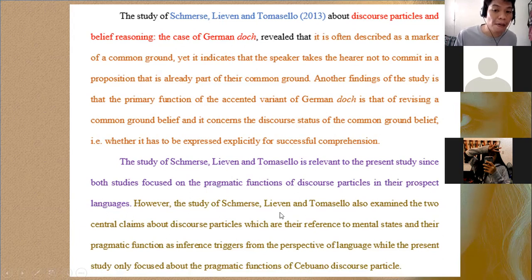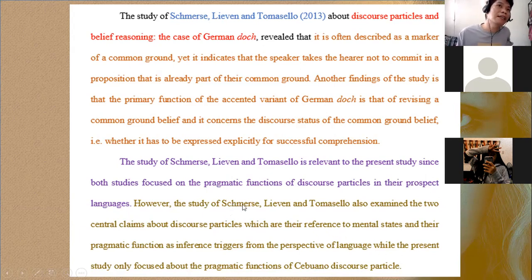In the second paragraph, you need to provide the relevance and relatedness of your study and your cited study. The first part, the one in violet, is what their similarities are. The second part, the color brown, is where you need to point out their difference, what their differences are.